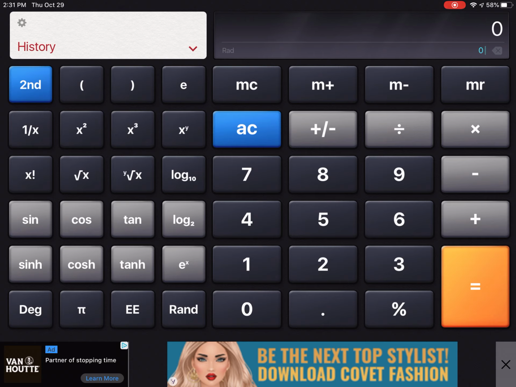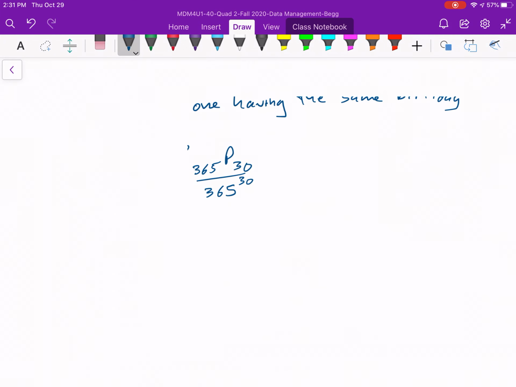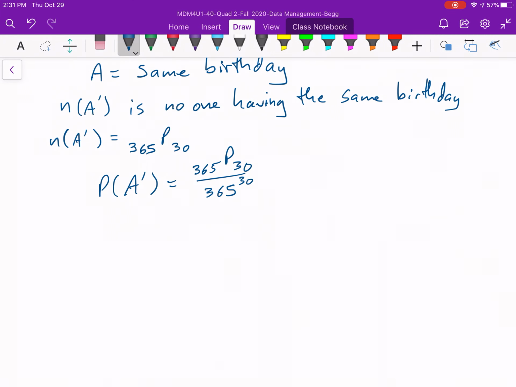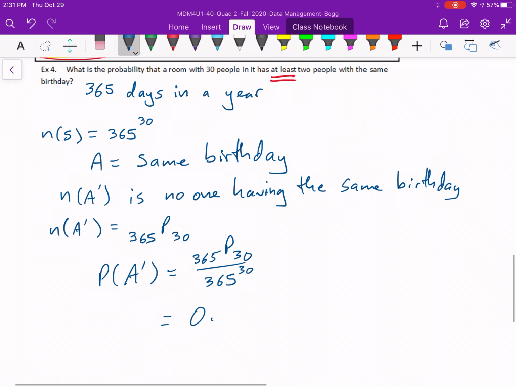I can't show typing this in because of my lack of calculator. I don't even have one that I can show on my camera here. But I do know what the answer should be from previously doing this. So you can confirm this. So on your calculator, do 365p30, divide it by 365 to the exponent 30, and what you should get, no I don't. I have a different number here. Oh my goodness. Calculator.